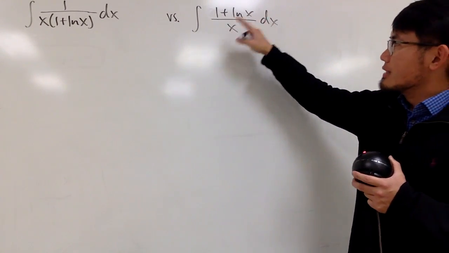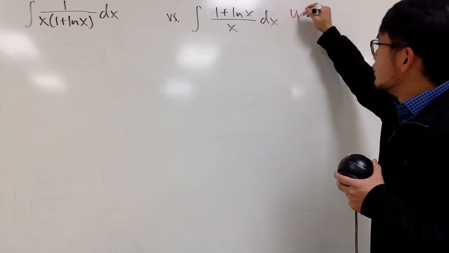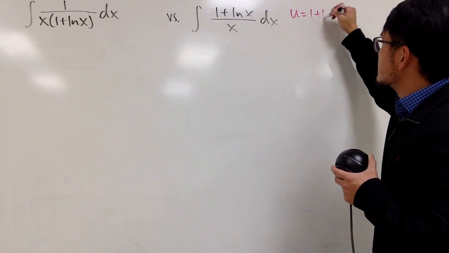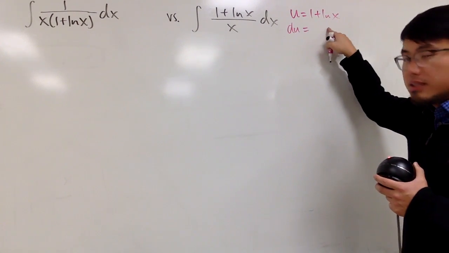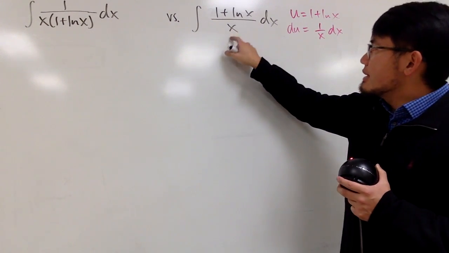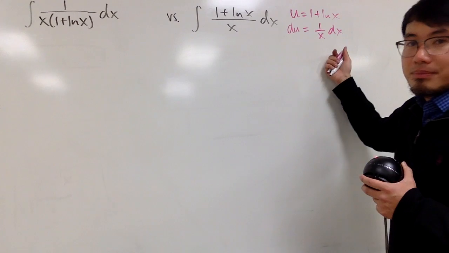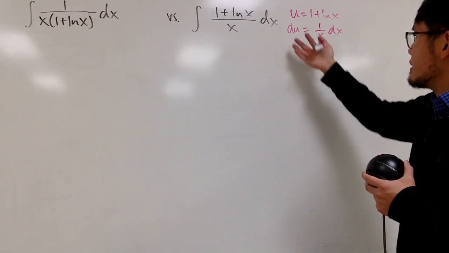Okay, we have two more integrals right here, and this time let's do this one first. 1 plus ln x over x. So this is what I'll do. I'll let u equal to the top, which is 1 plus natural log of x, and then differentiate this. Du equals the derivative of this, we get 1 over x dx. And you do see the x in the denominator and then the dx. And if you would like, you can see the cancellation by isolating the dx.